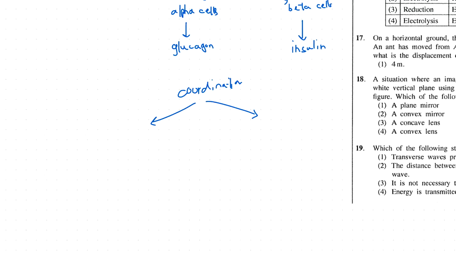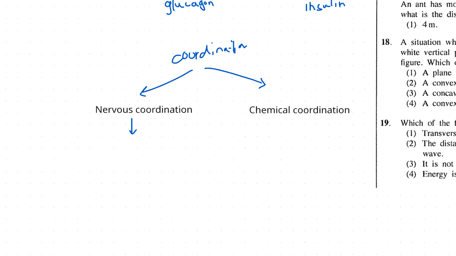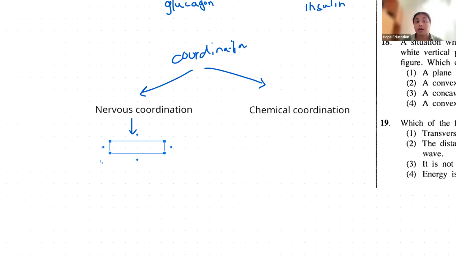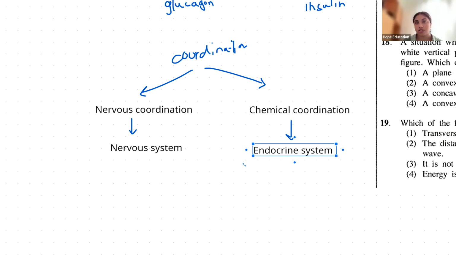Nervous coordination and chemical coordination. Nervous coordination is done by the nervous system consisting of nerves. Chemical coordination is done by the endocrine system, consisting of hormones.